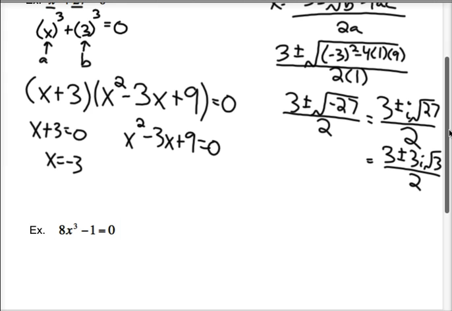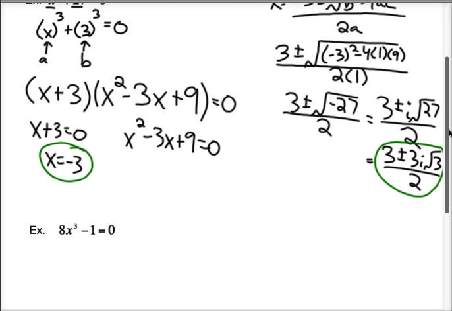So what that means is one of our solutions is negative 3. Another one of our solutions is that right there, the solution to the quadratic formula. That represents the other two solutions. So this one is a lot to digest, okay?